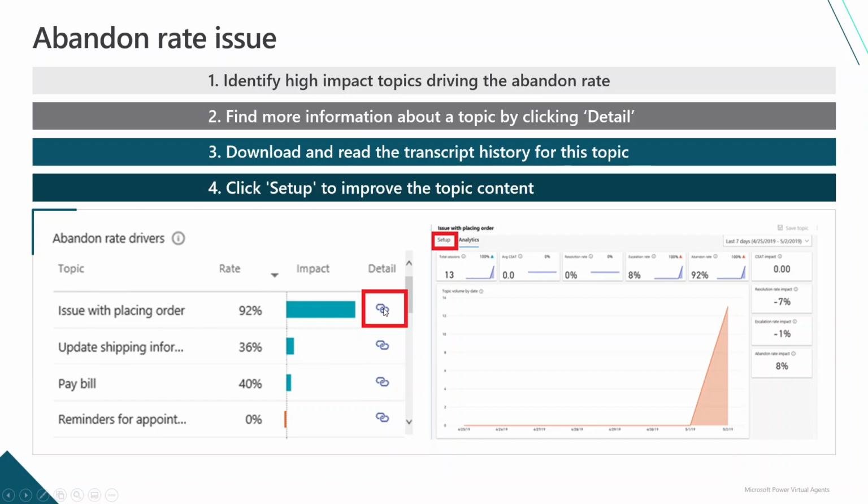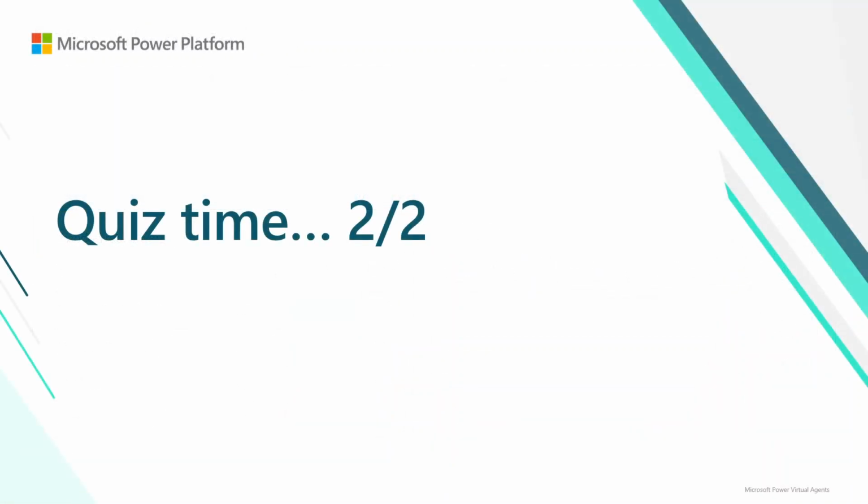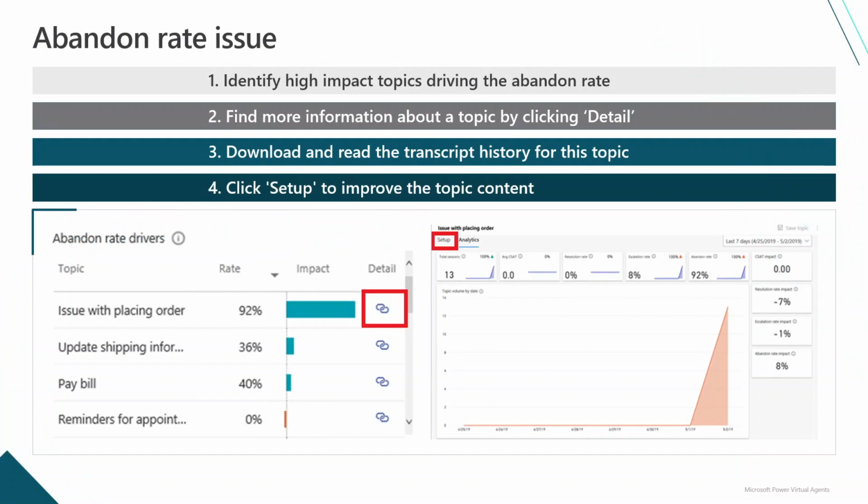Then you can click on the detail of that, and that will take you into the analytics of the topic. So you'd go to detail, download and read the transcript history for that particular topic, and then go to setup to improve the topic content.